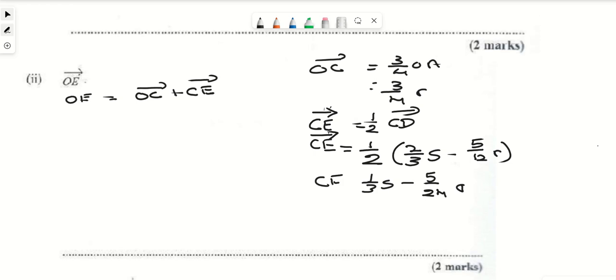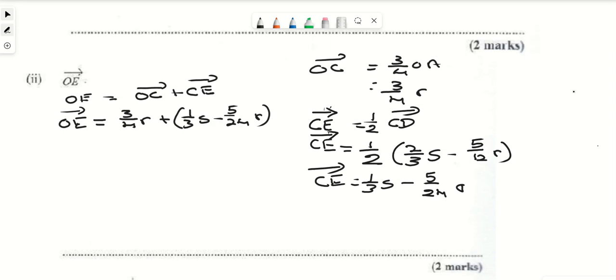So CE is equal to this. And let's add it. So OE would be equal to OC, which is 3/4R, plus open bracket 1/3S minus 5/24R. So this is equal to 3/4R minus 5/24R plus 1/3S.